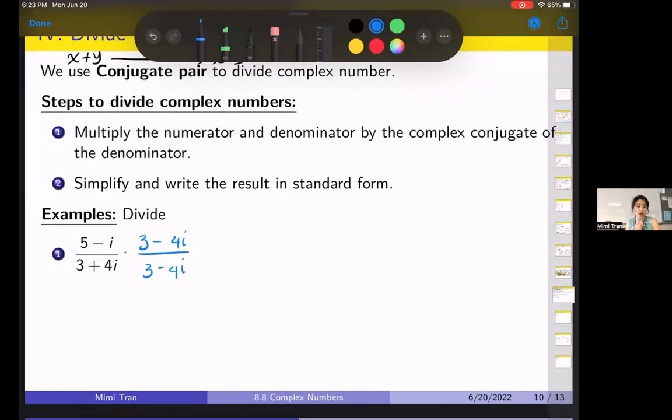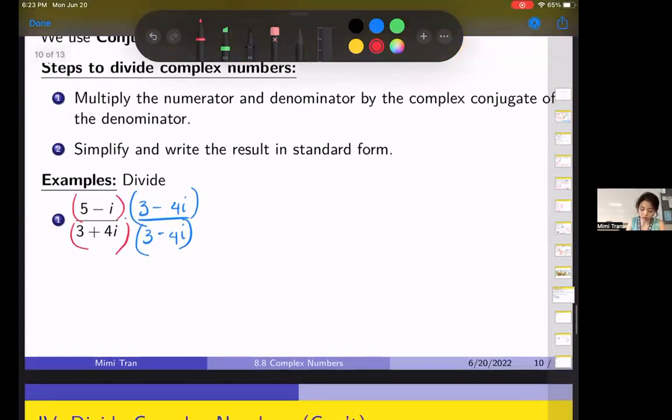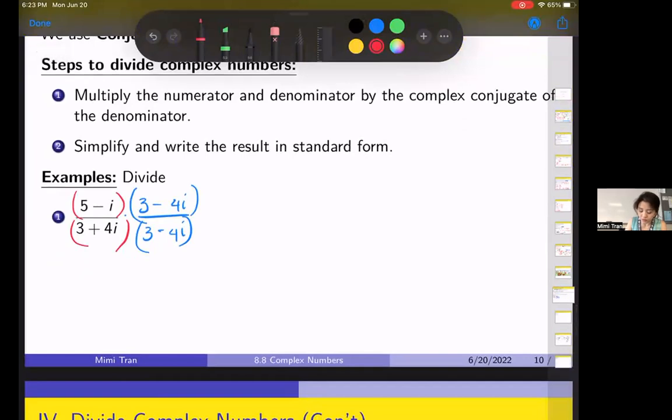Basically, we multiply it by 1. And now you FOIL. Let me do the bottom first because it's easy. Now the bottom, because they are conjugates, they only change the sign in the middle. So it's kind of like a plus b times a minus b, right? So it's going to be a squared minus b squared.